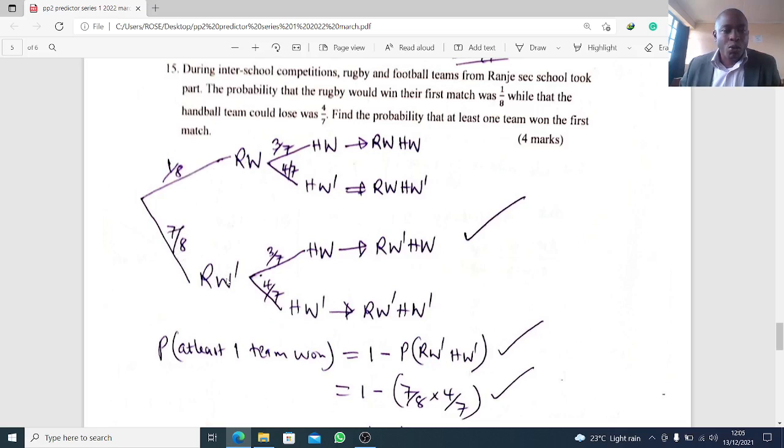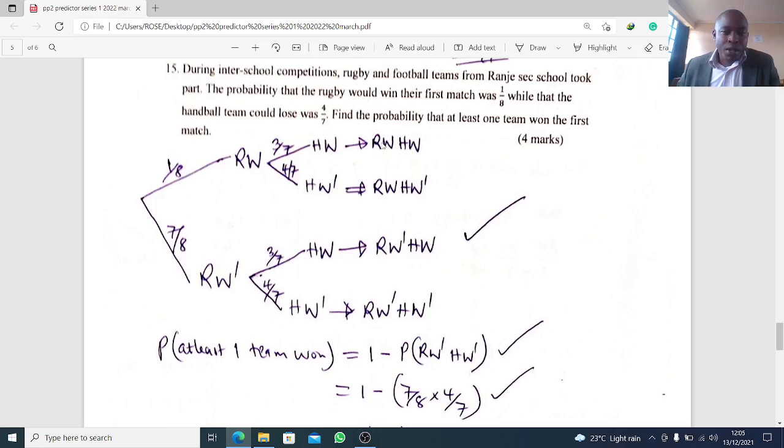Then we also have handball win, handball lose, handball win, handball lose. We draw in both. We know that the probability of handball losing is 4 over 7, so the winning is 3 over 7. It will be the same here, 4 over 7, 3 over 7.